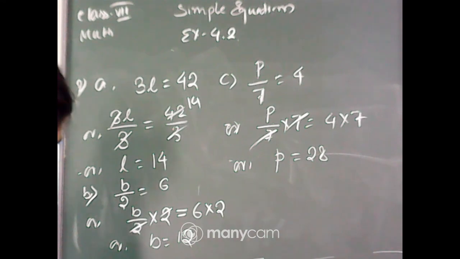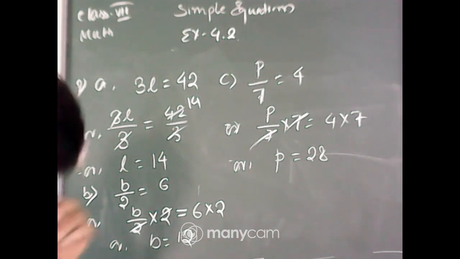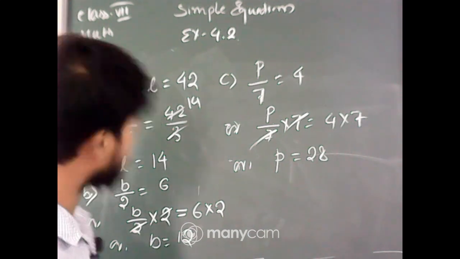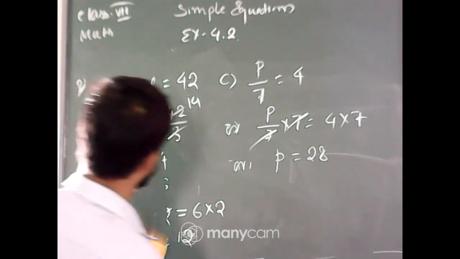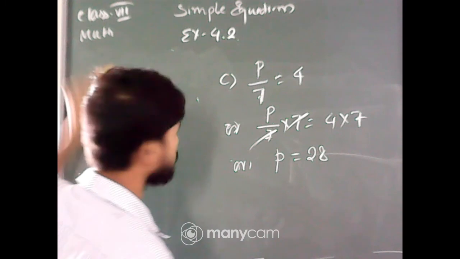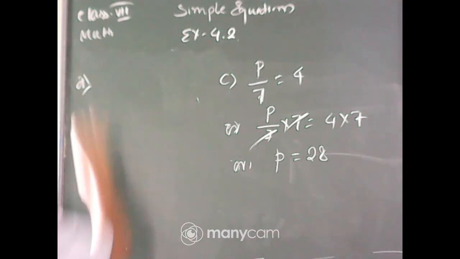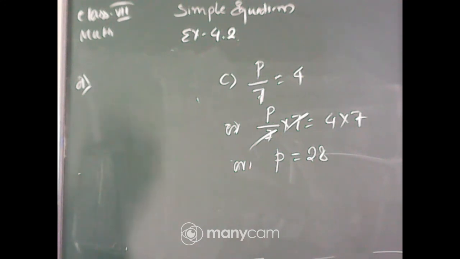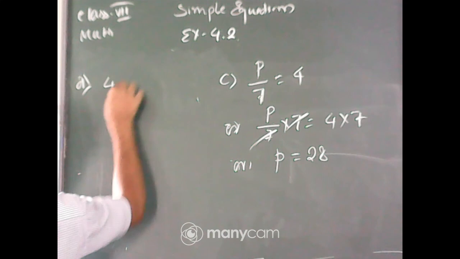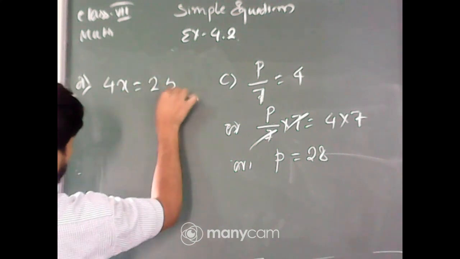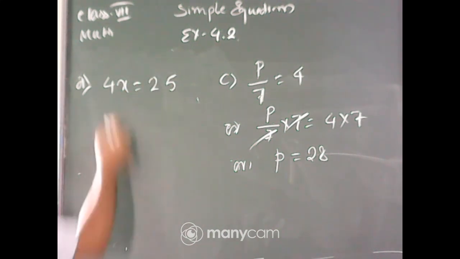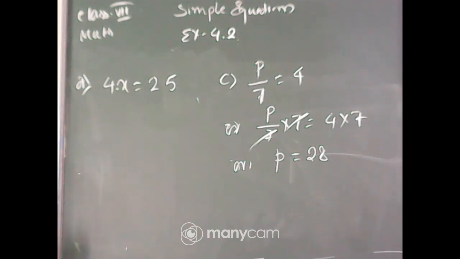Very easy. And now, the last question for today, question number D. Question number D is 4x equal to 25. Now, we can obviously see that between 4 and x there is a multiplication sign.